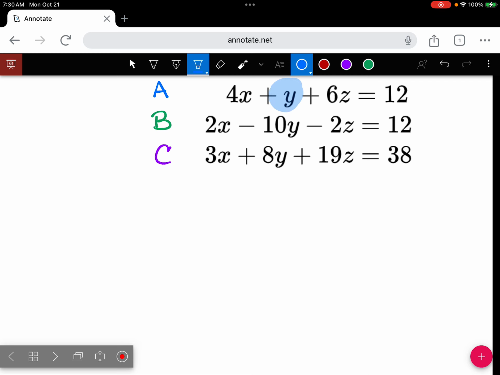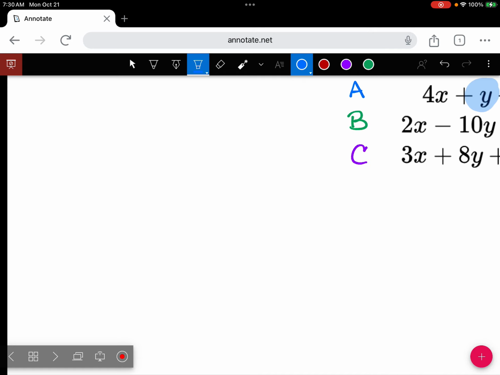That makes it very easy to get y's to eliminate out, because I'm going to take my B equation, which is my 2x minus 10y minus 2z equals 12.